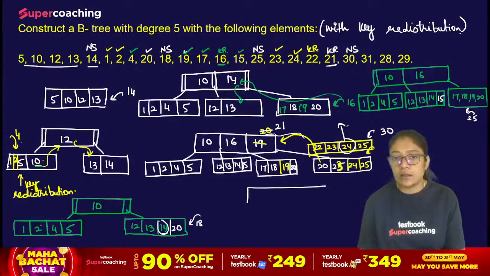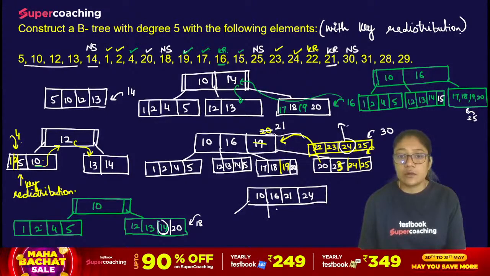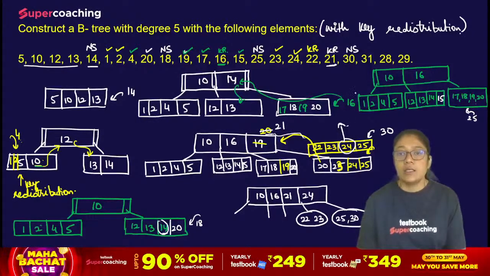Here we'll get 10, 16, 21 and 24. The left will remain the same. There will be no change. And here we will be having 22 and 23. And here we'll be having 25 and 30.